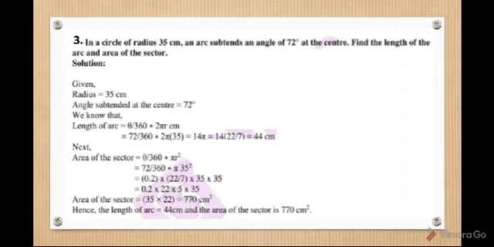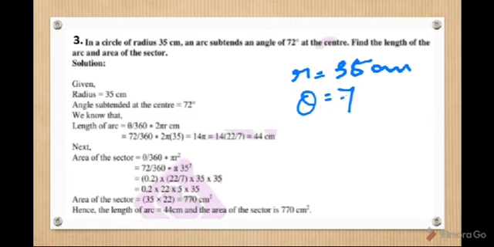Now next example: in a circle the radius is 35 centimeters, so r equal to 35 centimeter given, and the arc subtends an angle 72 degree at the center. That means theta is equal to 72 degree given. Find the length of the arc and the area of the sector.